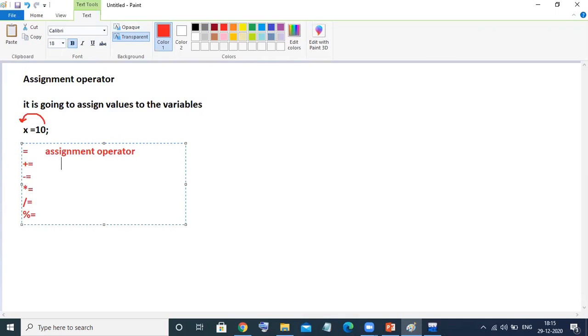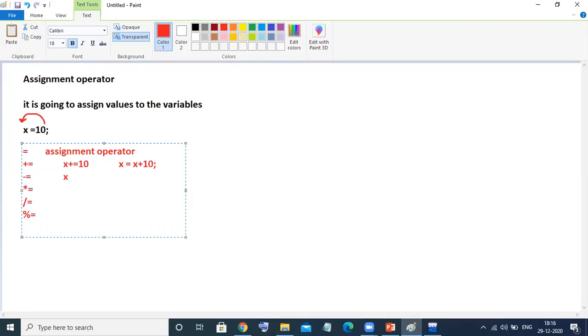So this plus equal to means what? For example, if I'm taking one variable like x, here I'll write x plus equal to 10. This means x is equal to x plus 10. This is exactly what plus equal to means.